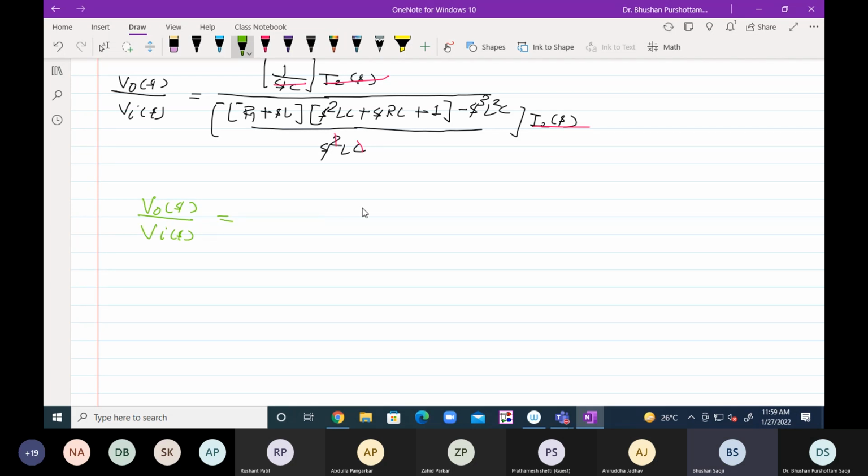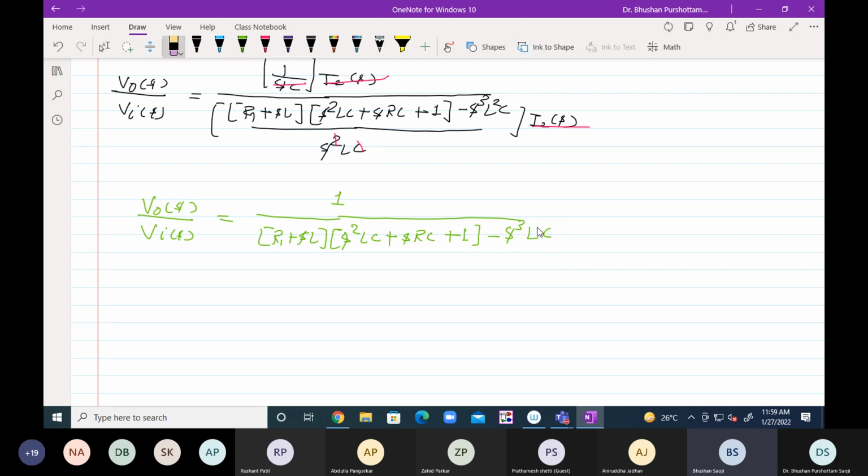It is equal to 1 divided by R1 plus S into L multiplied by S square LC plus SRC plus 1 minus S cube L cube.